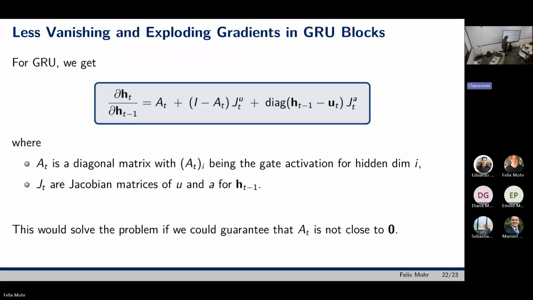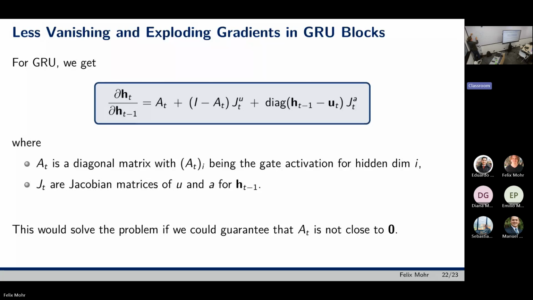And when would this happen? If these are the gate activations here, then this would happen, for example, if we do not start to forget everything. Sorry, I mean remembering everything would mean all the gates are close to 0, and that is the situation we do not want.